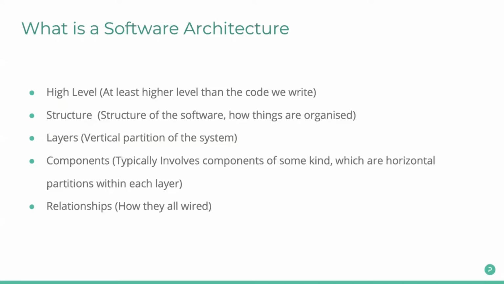Okay, so the second item is about the structure. Architecture typically details the structure of the software, how things are organized in terms of layers and all of that. The next level of view is the layers. Your layers are nothing but the vertical partition of the system, a logical partition, not a physical partition.